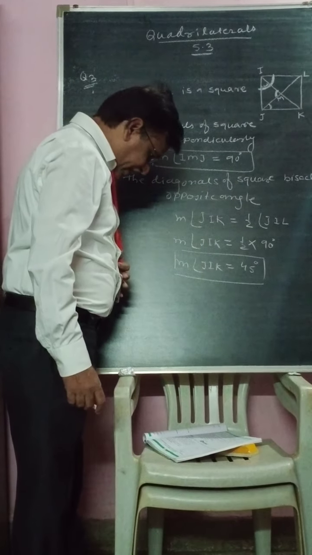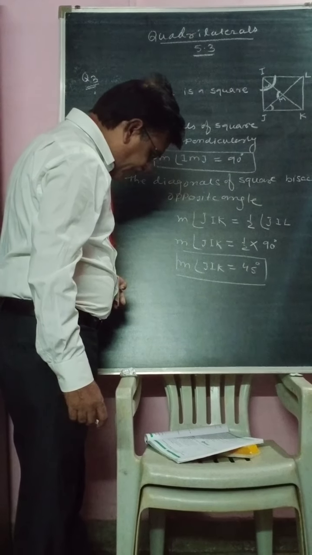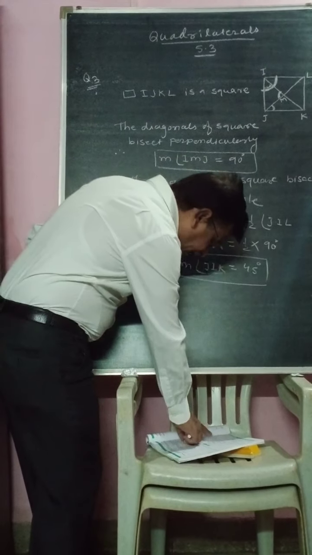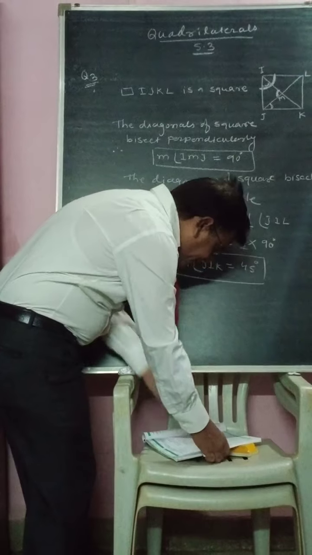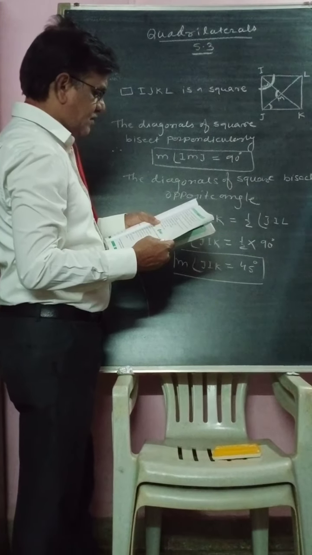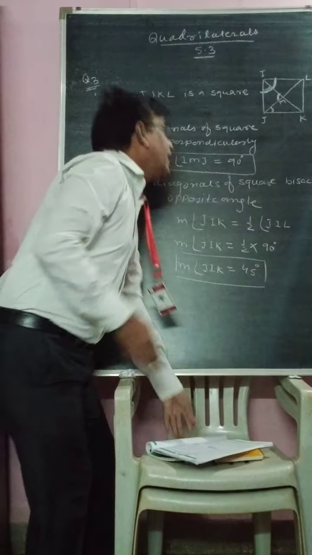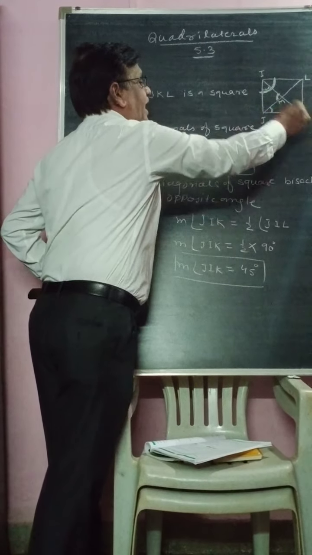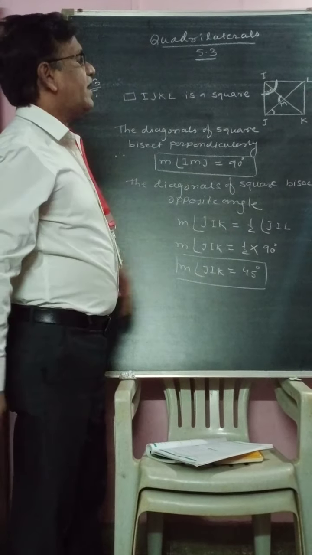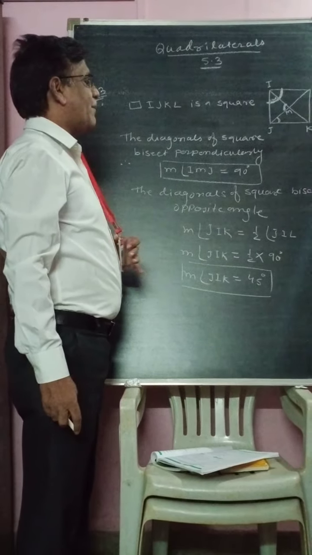What do we have to find out? Angle LJK. Again, the diagonals of a square bisect opposite angles.